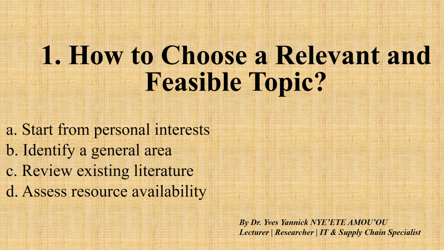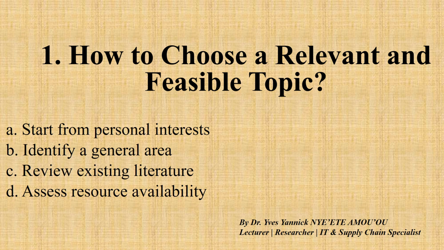Choose a topic that genuinely interests you. Motivation is essential for completing a thesis. Don't ever forget that, please. In B, we have identify a general area. Here, define a broad field or discipline where your interests are located, such as logistics, education or digital transformation.